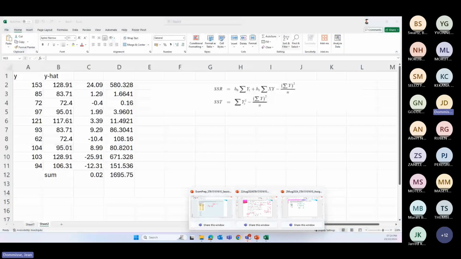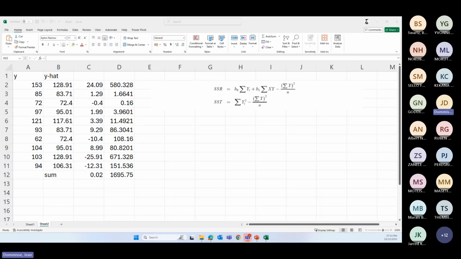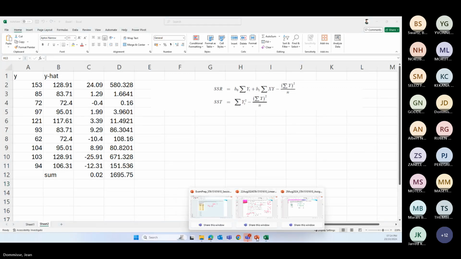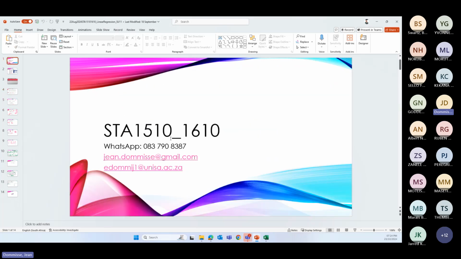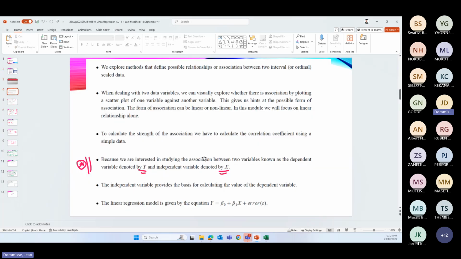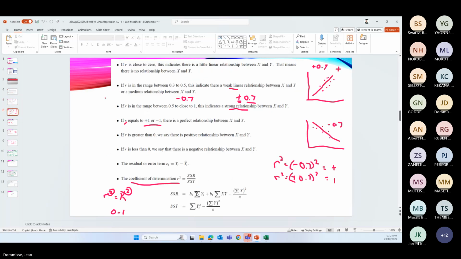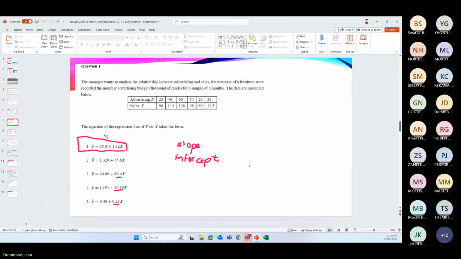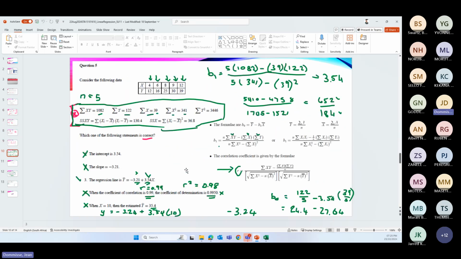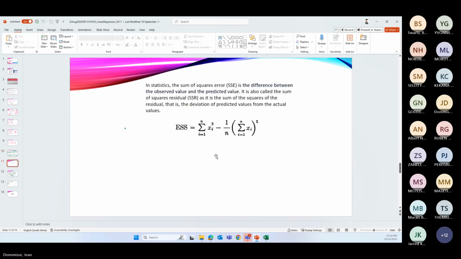So if any of you guys have picked up the formula somewhere, please let me know. But else, let's quickly go through. I know there was a formula that was different. Okay, so still not. Still not SSR. See, that's an SSE. Oh, is it exactly the same?